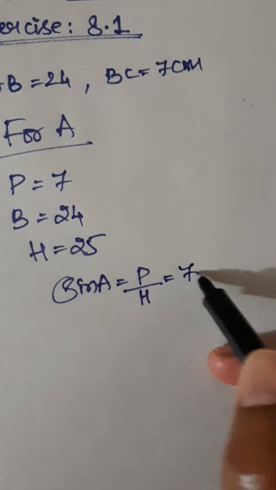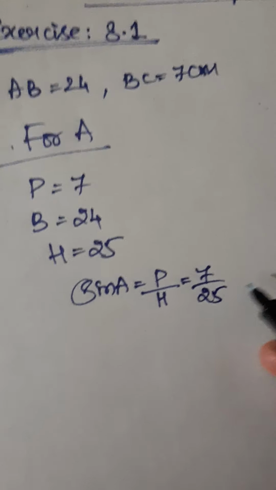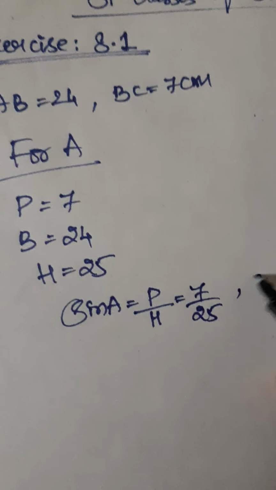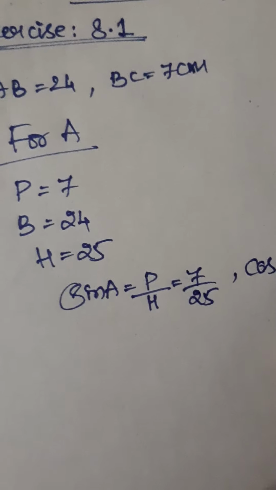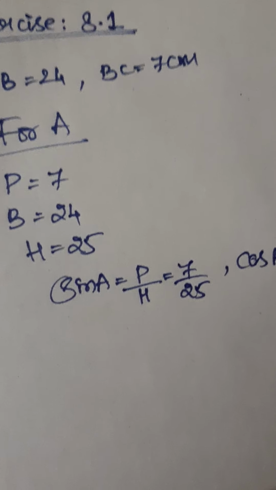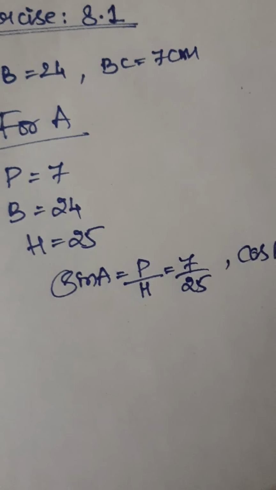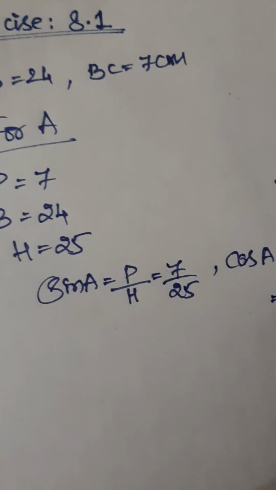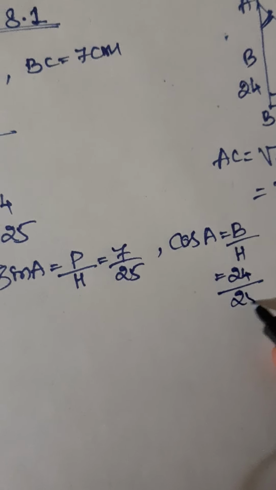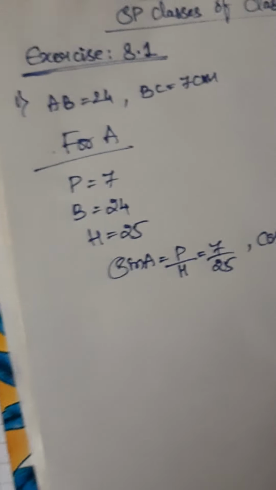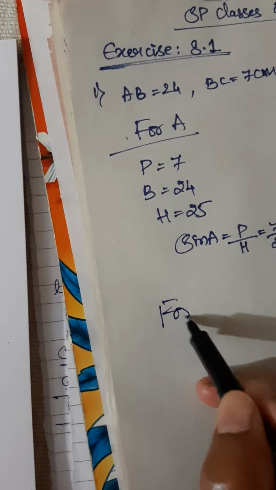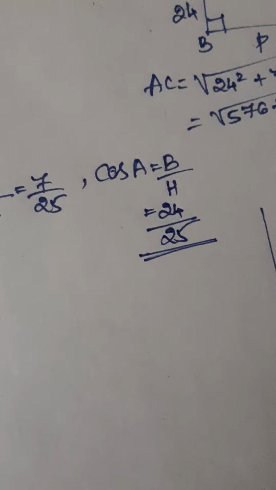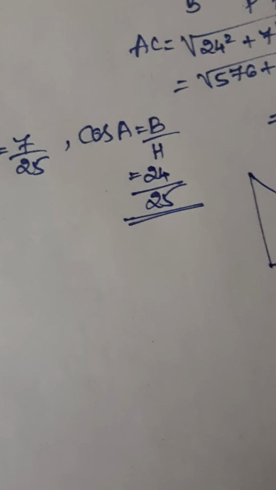P by H is 7 by 25. Cos A, that is B by H, that is 24 divided by 25.